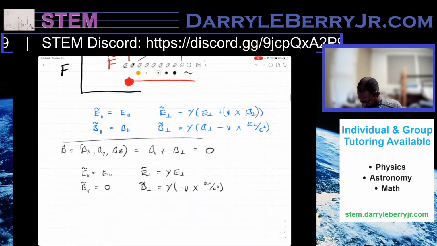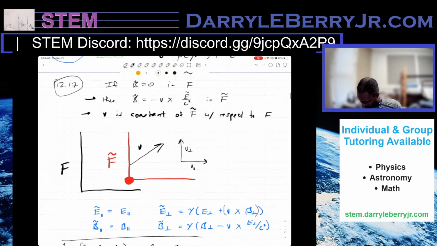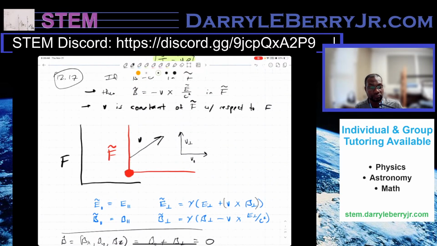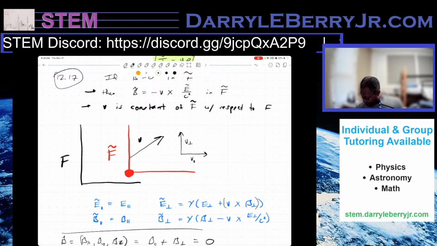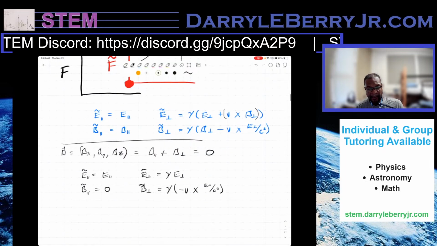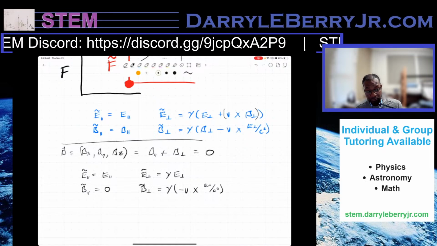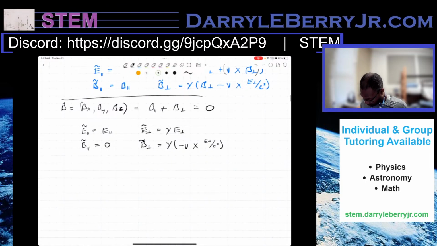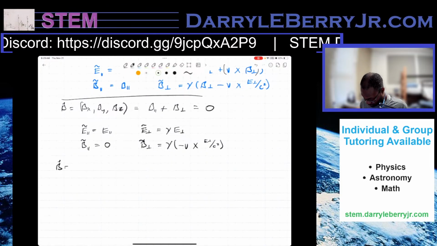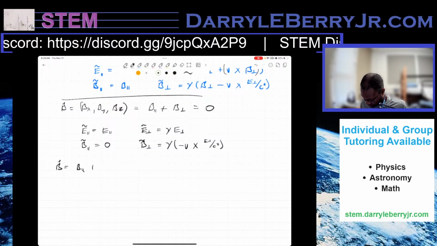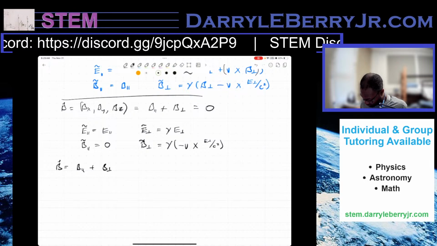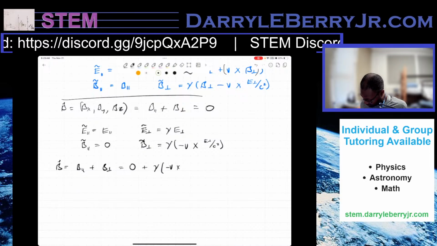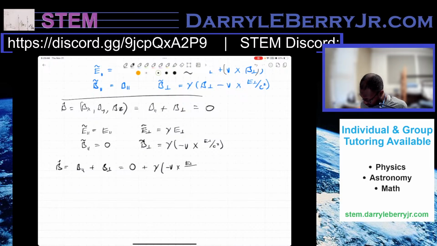We want B in the boosted frame. So B equals B parallel plus B perpendicular. It's going to be 0 plus gamma negative V cross E perpendicular over C squared.